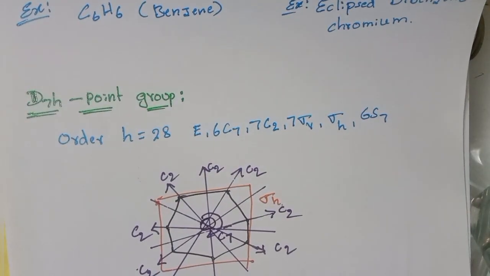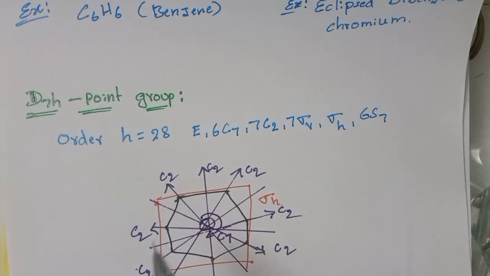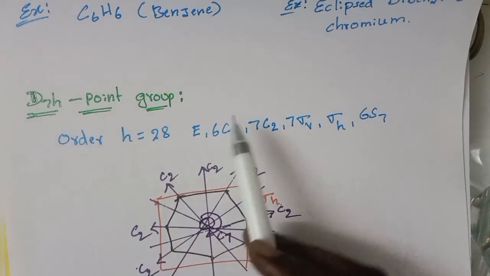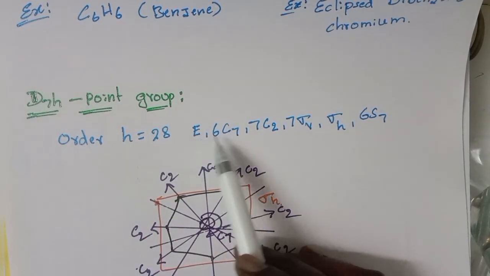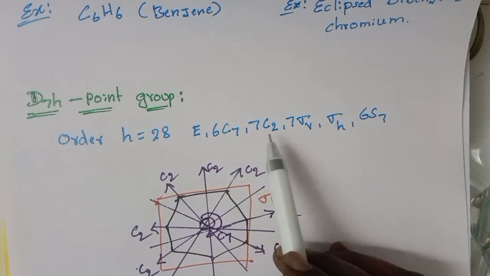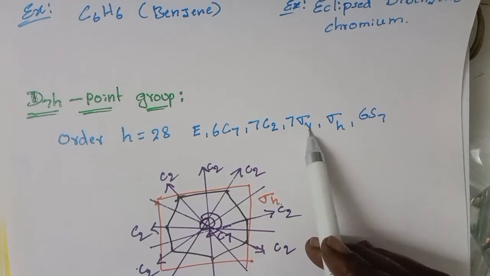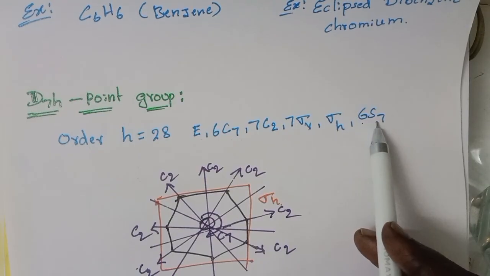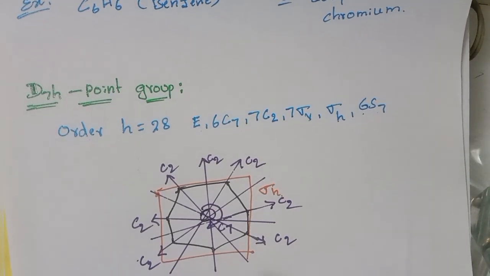Next, D7h point group. For D7h point group, order is 28 and the symmetry elements are E, 6 C7s, 7 C2s, 7 sigma v's, sigma h and the remaining 6 S7 will be present. So in heptagon, 7 corners are there, right?